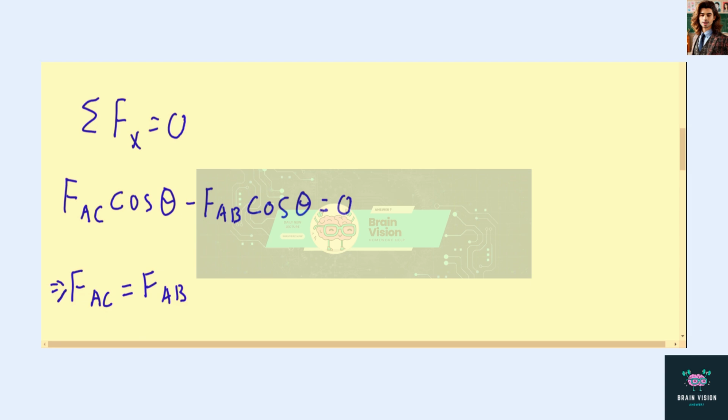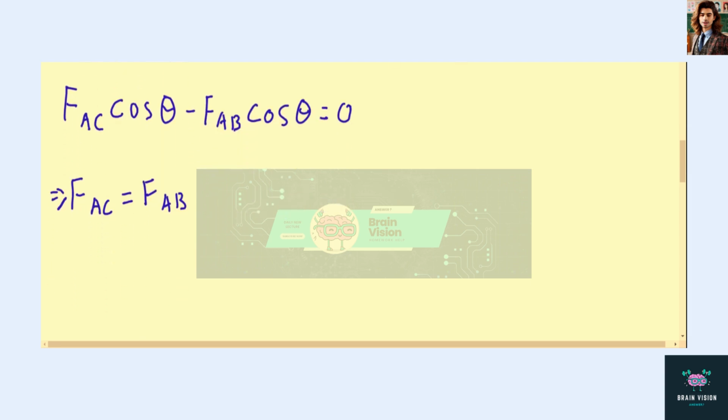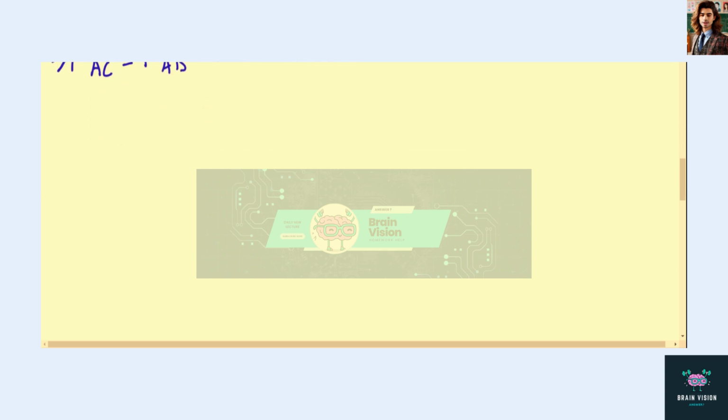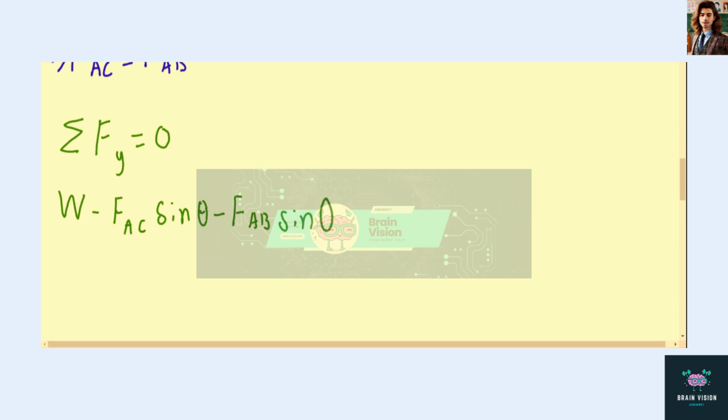And next using the same free body diagram, we're now going to say that the sum of all forces in the y direction is equal to 0, which we can write as W minus the force AC times the sine of theta minus the force AB times the sine of theta is equal to 0.